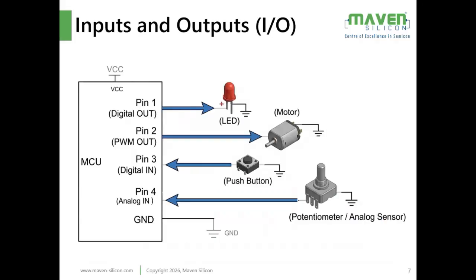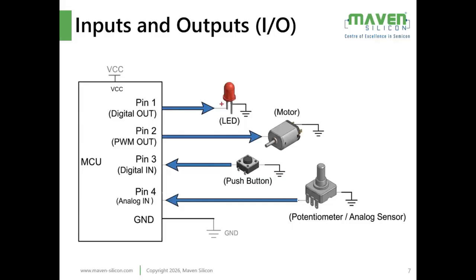Now let's understand the inputs and outputs. These are typically used for interaction of the MCU with the real world. Consider an example of inputs. If you have a button press, that's a pure digital input. When the button is pressed, it is either connected to the supply voltage, which means it becomes 1, or connected to the ground, so it becomes 0.